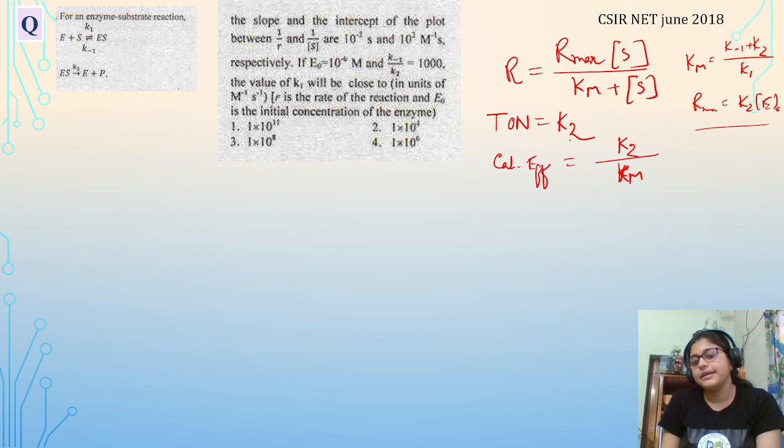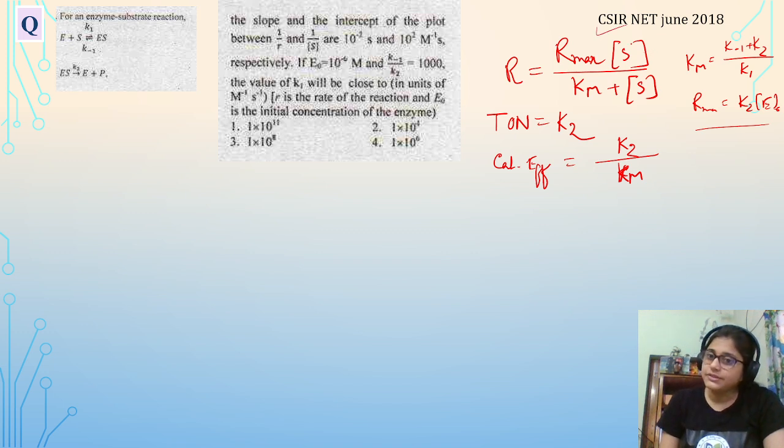For the rest, the Michaelis-Menten plot, R versus S, was plotted, and we have taken the two cases where S is very low and S is very high.